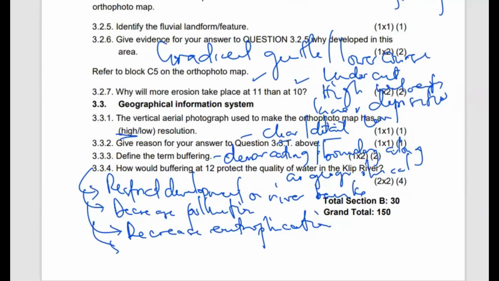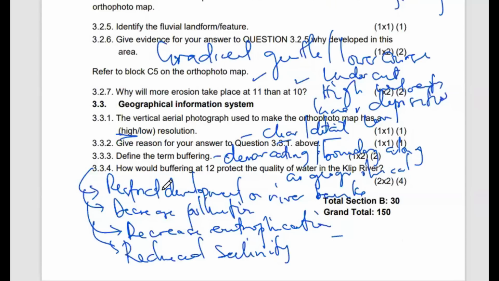And also, we can talk of reduced salinity. The addition of salts in the water is going to be limited, and ultimately the water quality is going to be good because of the boundary that would have been put around the river. So those can be detailed arguments towards the sustenance of water quality because of the application of buffering in the river.